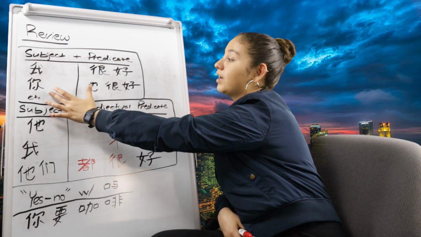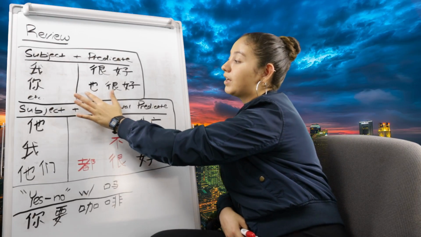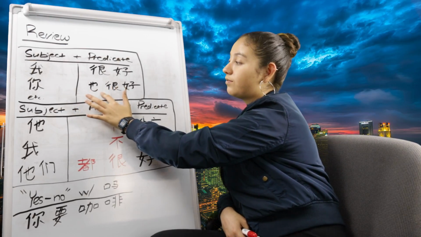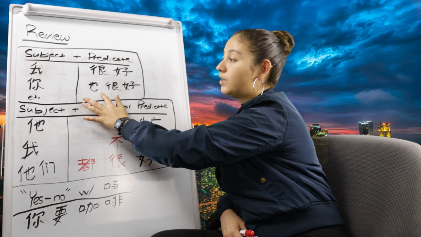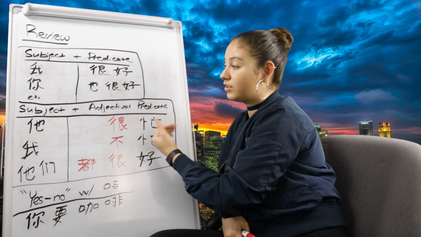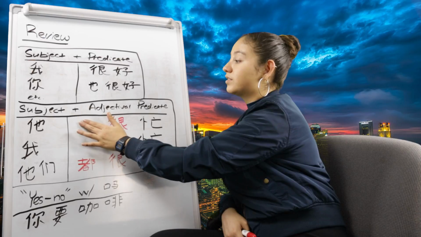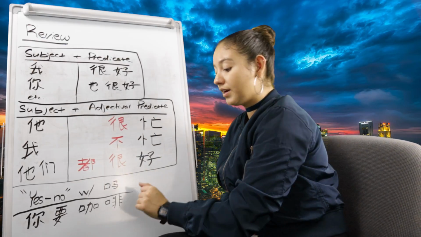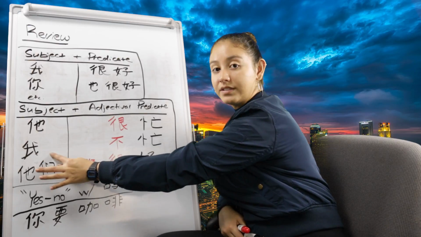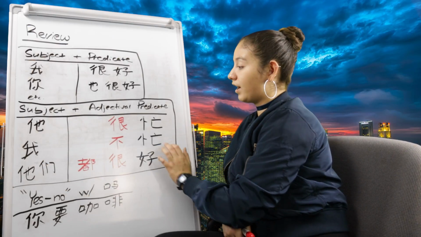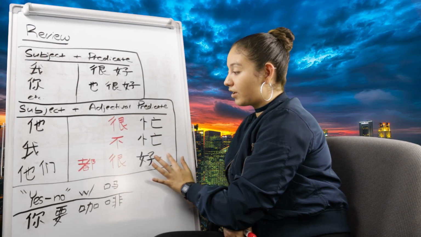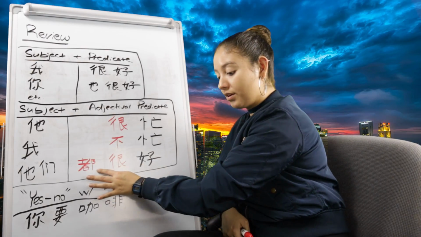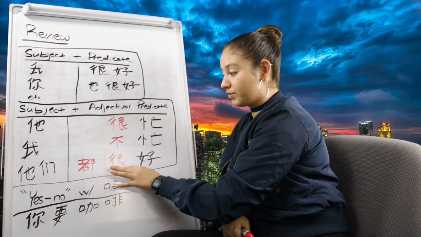So next you have 你也很好. You can add this if you want. If you remember, 也 means also, meaning that you are also doing very good. So let's move on to a subject with an adjectival predicate. Here we have our subjects in this section, then you have your adjectives right here, and then here you have your adverbs.